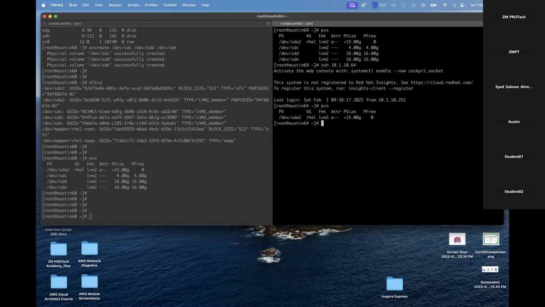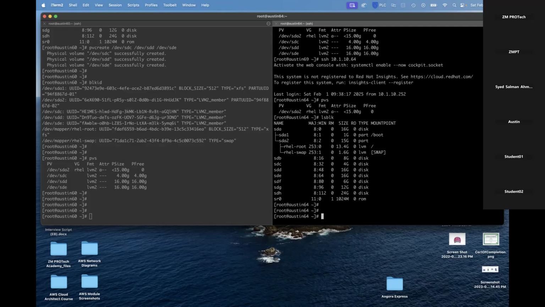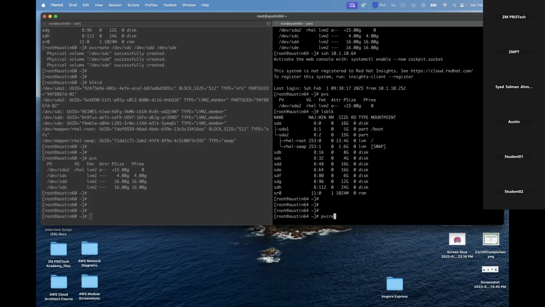Then do lsblk so that you're looking at what you're doing. Then do pvcreate. Should I do SDD?